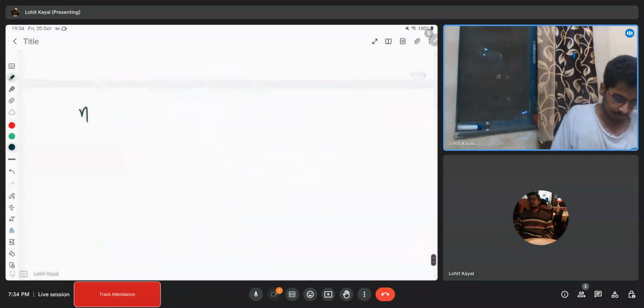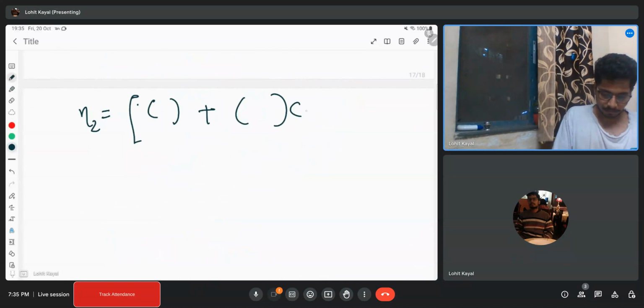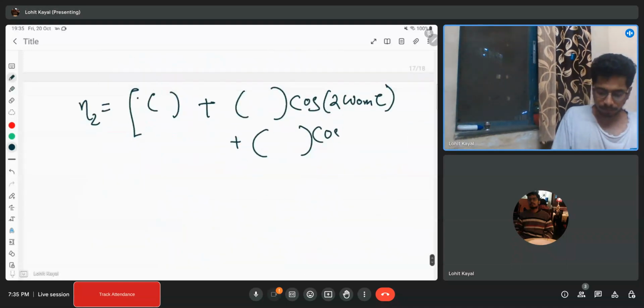Your final answer will be eta 2 equal to some constant term plus again some constant term into cos of 2 omega 0 m tau plus some constant term into some new frequency term, that is cos omega 2 m tau.